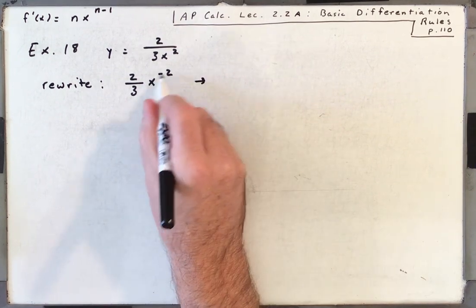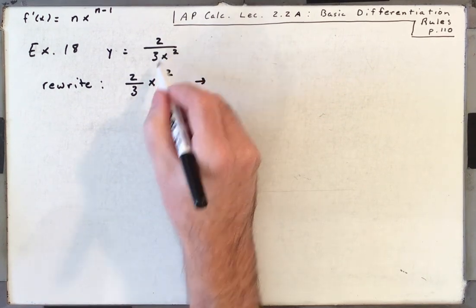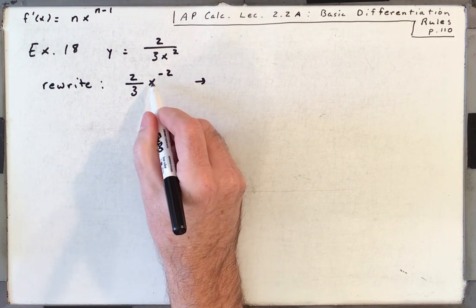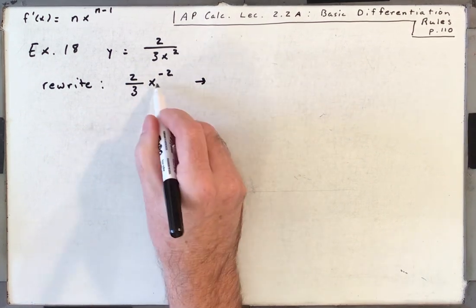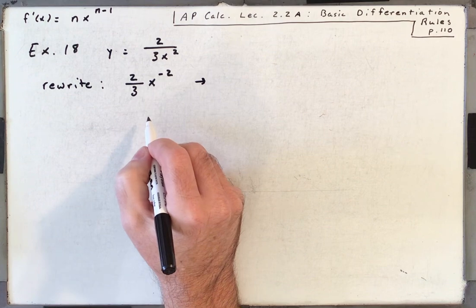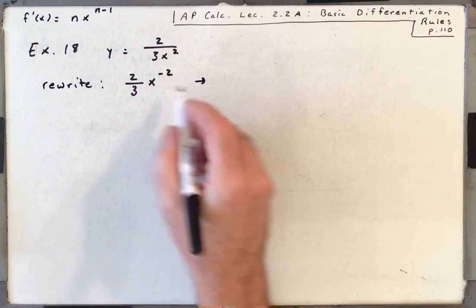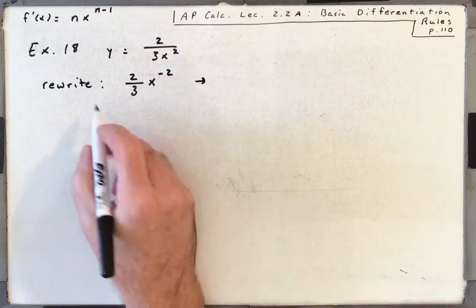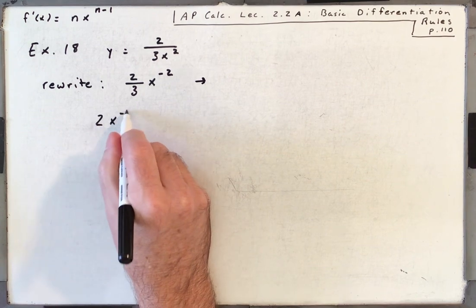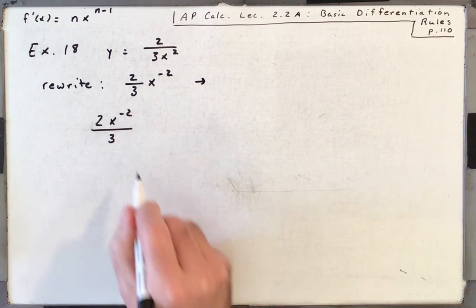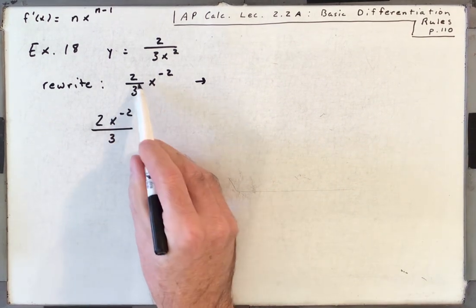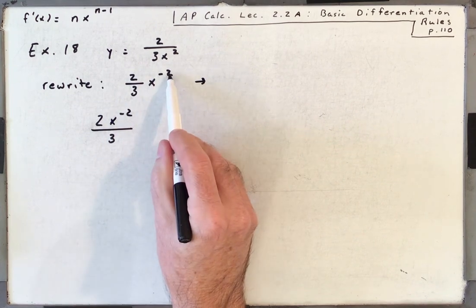So the derivative of this, again, this and this are the exact same thing. I just rewrote it, 2/3 times x to the minus 2. In fact, some people write it like this, 2x to the minus 2 over 3. But I think it's a little easier to see if you write the fraction out front.